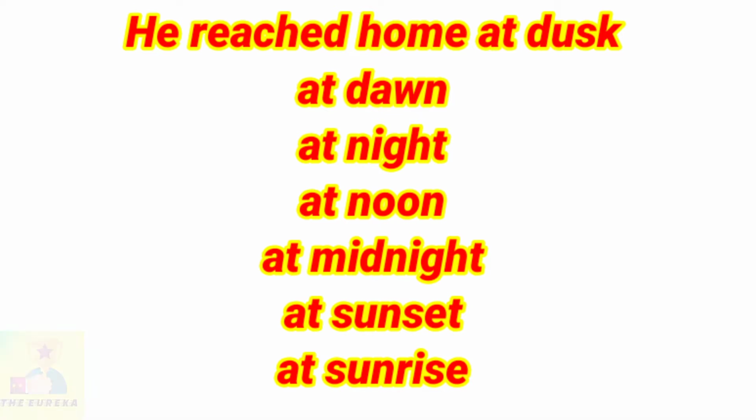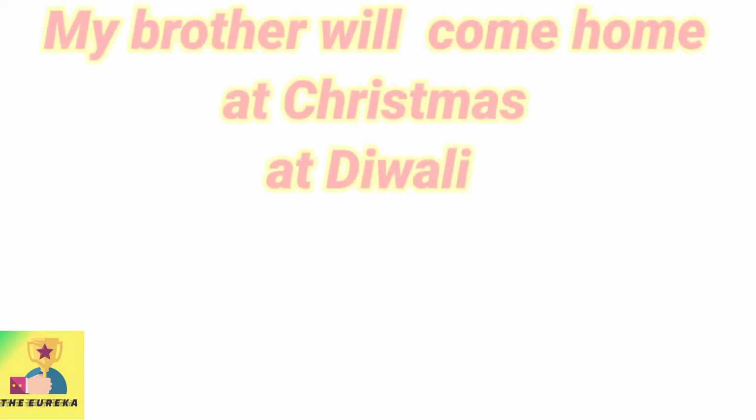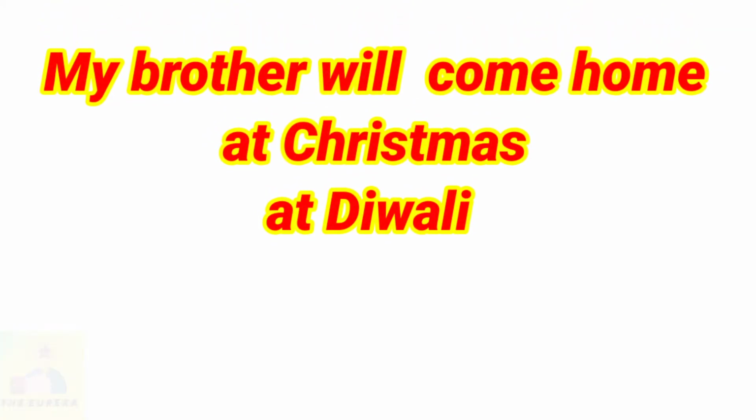So here we find at is used to express a point of fixed time. My brother will come home at Christmas, at Diwali. So here for festivals we use at Christmas, at Diwali, at Holi, and so on.